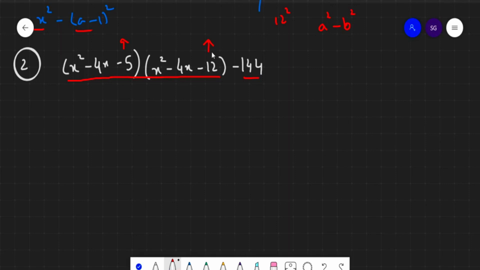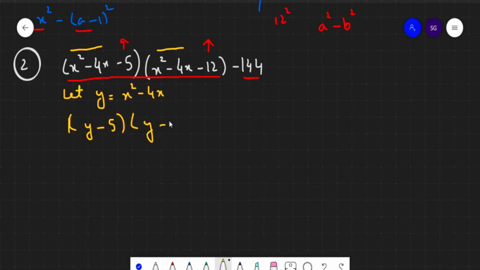Now this is quite a big question, and remember, whenever we have such big questions, we can always trim them or make them look smarter by doing substitution. So I'm going to substitute. Let y be x squared minus 4x, because this is something common in both the brackets. So now this is y minus 5 and then y minus 12 and minus 144.